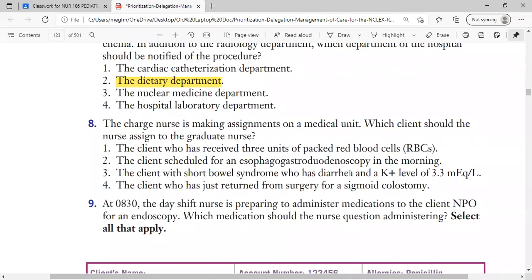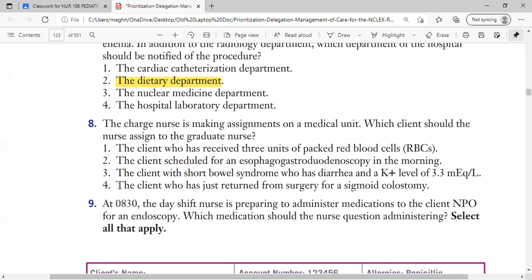Short bowel syndrome is a malabsorption disorder caused by surgical removal of the small intestine or nearly complete dysfunction of a large segment of the bowel. So it is not a good patient for the new graduate nurse. Number 3 is not an answer.